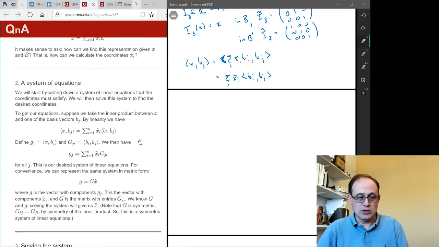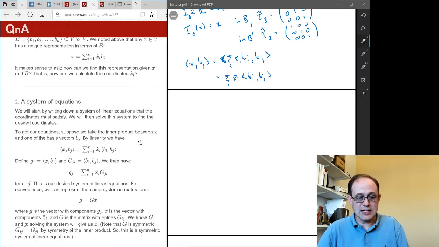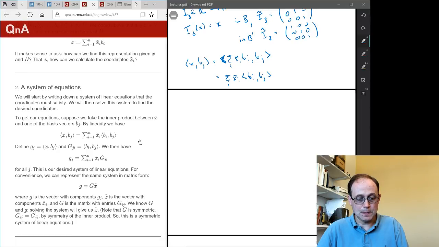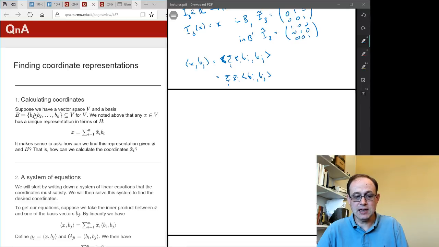Just to make sure that everyone is following: we're given the vector x, we're given all of these vectors bi, and we're given a function that calculates inner products in our vector space.